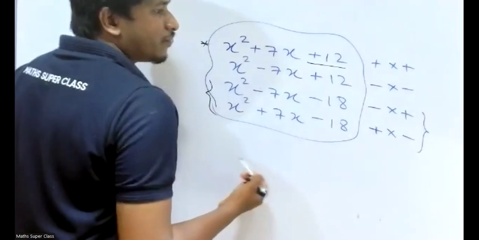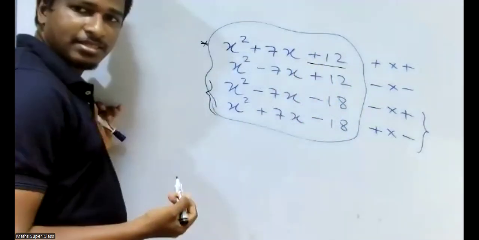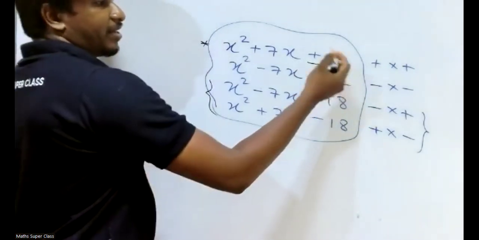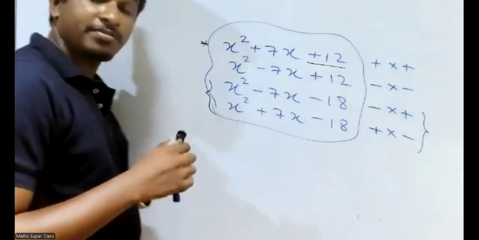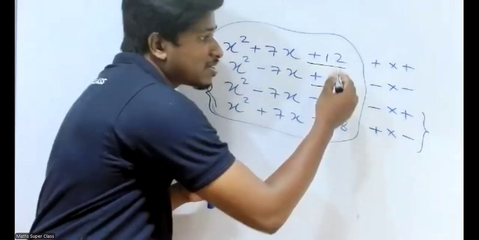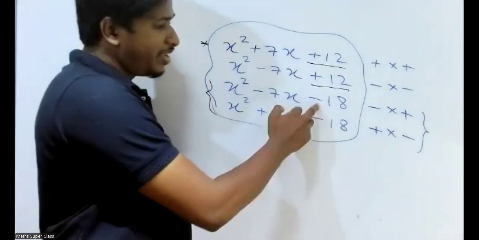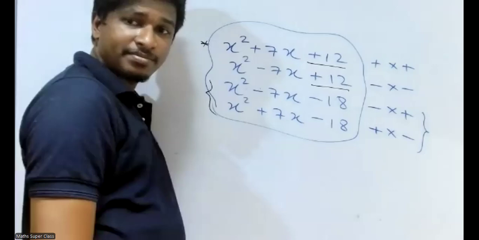Here, if you find this third term is plus, then you can see these two parts are minus. What is the meaning?